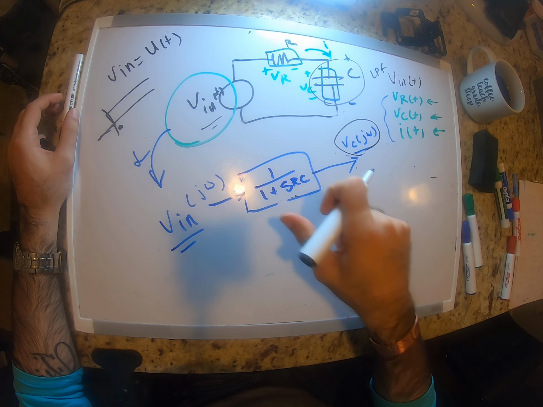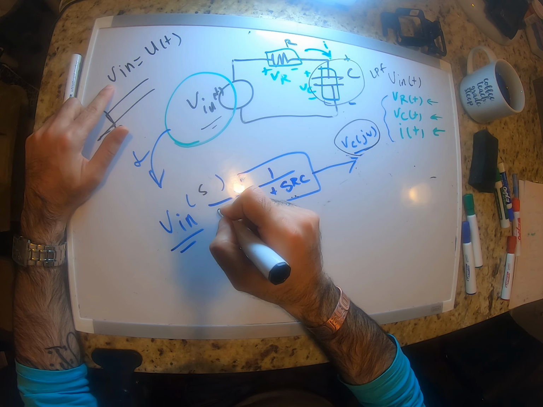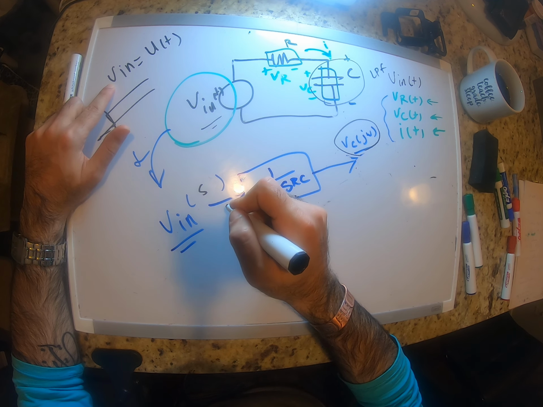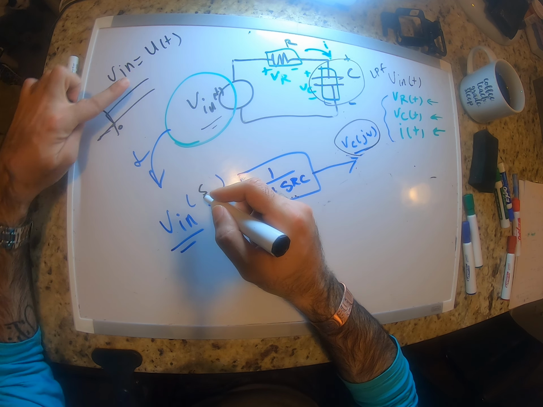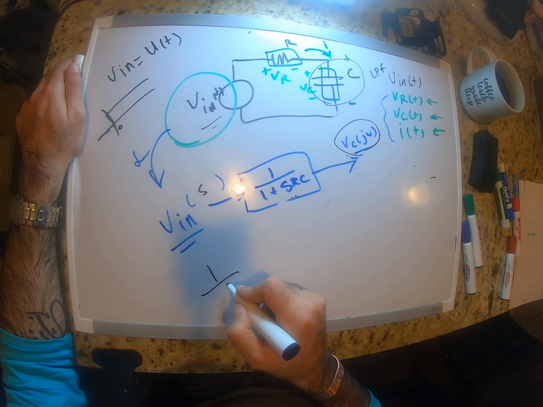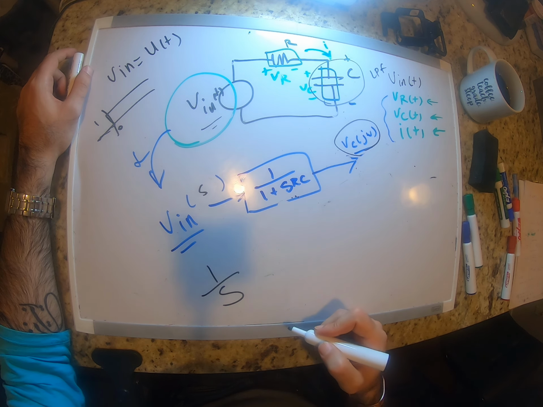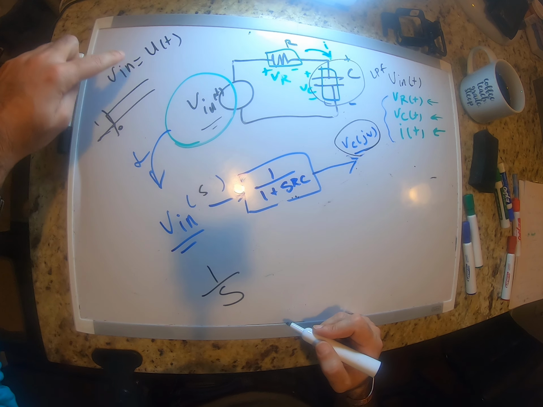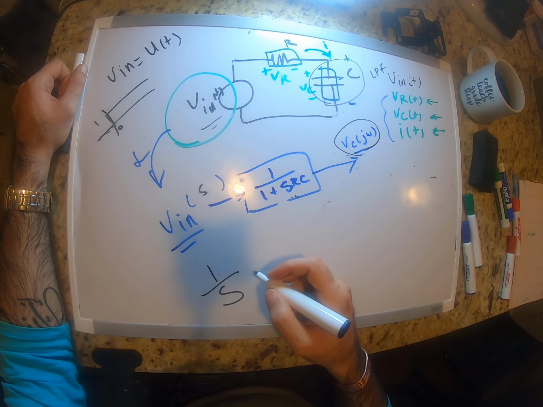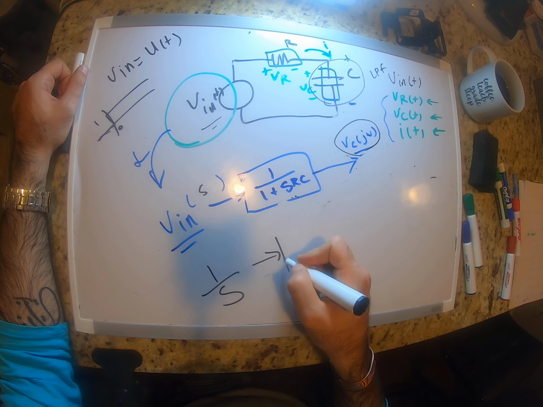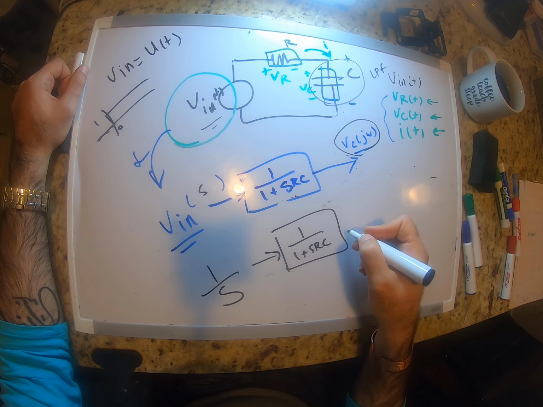So the first thing we have to do is to find the Laplace transform of our input. What is the Laplace transform of the unity function or a constant? It's 1 over s, because this is 1. If it was k times u(t), it would be k over s. Okay, and it goes to a system with this transfer function, right?